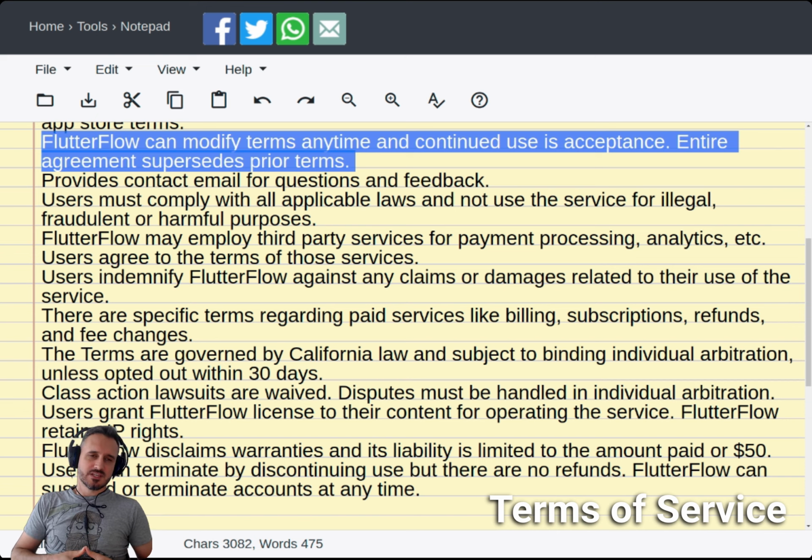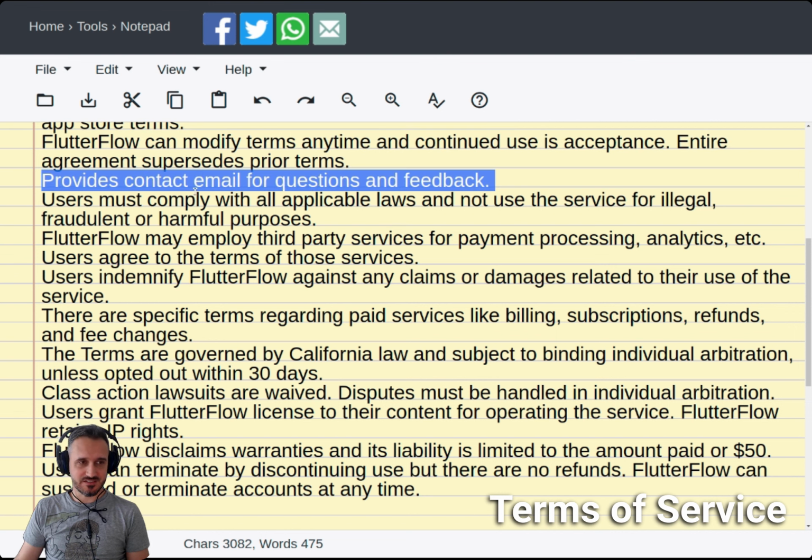So this means that if Flow changes their terms and conditions in the future, and you keep on using the services, that means you are agreeing to the new terms and conditions. They're sending emails, like I said in the beginning of the video, about the terms and conditions. So I think this is also a normal thing in the terms and conditions of every single site on the internet.